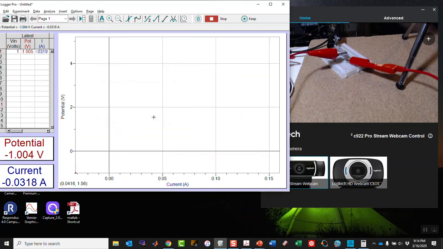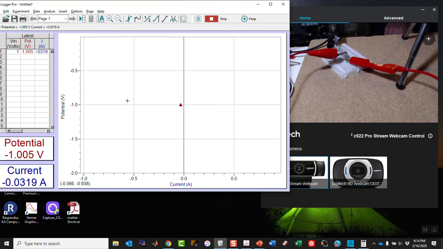Okay. So now the next one is, I'll adjust the voltage to 2. You may notice that you're not seeing anything in the graph. Let me fix that. So here we are, potential versus current. Let's get to the next data point, shall we? Okay, so I'm going to adjust up to 2. And again, notice how the data point is drifting down negative.